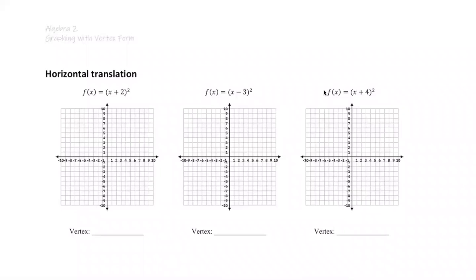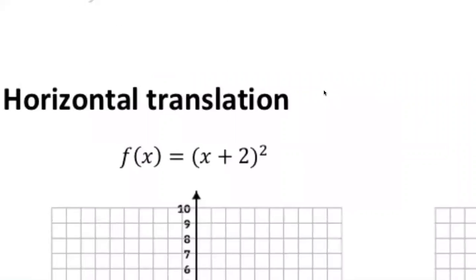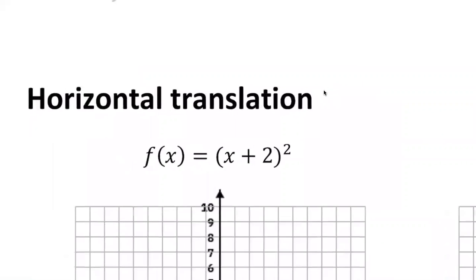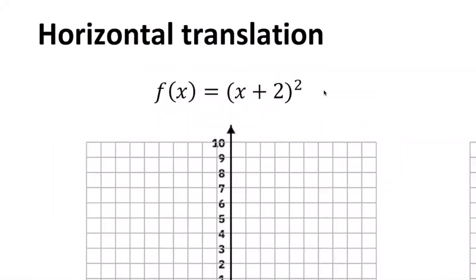All right. Now, when we deal with horizontal translation, it's very important that you make a good interpretation of what the translation really is. Okay. And based on our experience in looking at the translations or the transformations with the absolute value functions, I think we are pretty much pro in telling. I hope you are.